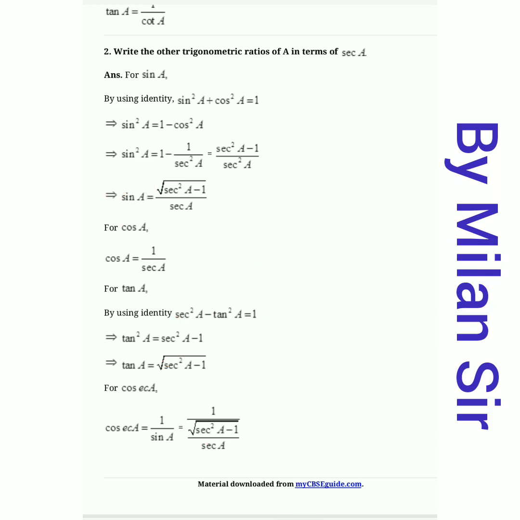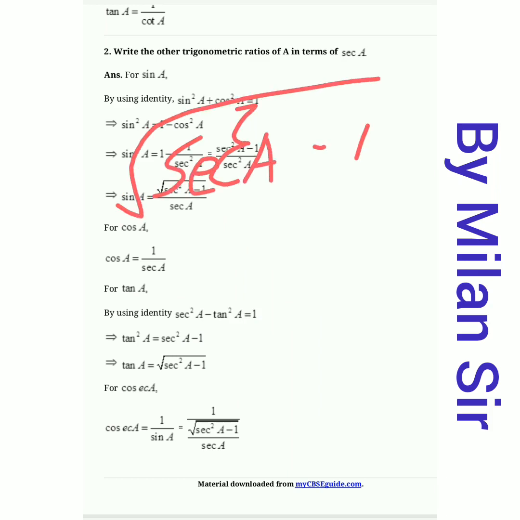In the numerator, two things are there: sec square A minus 1. We cannot think like this: square root of sec square A is sec A, and square root of 1 is 1. No, this is wrong, because we need to take the square root of this full polynomial, right? We cannot take a separate square root.